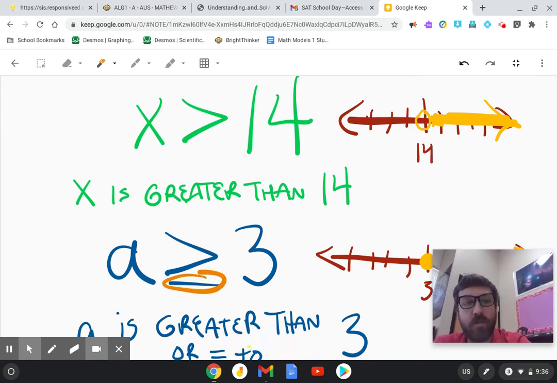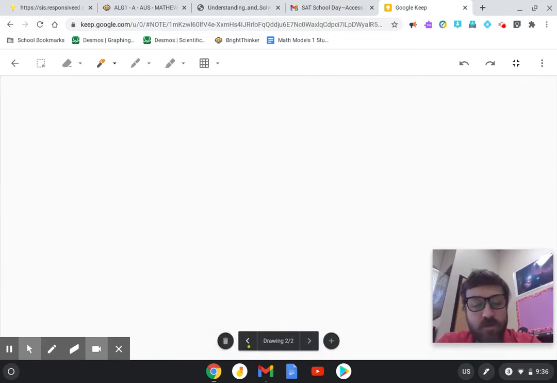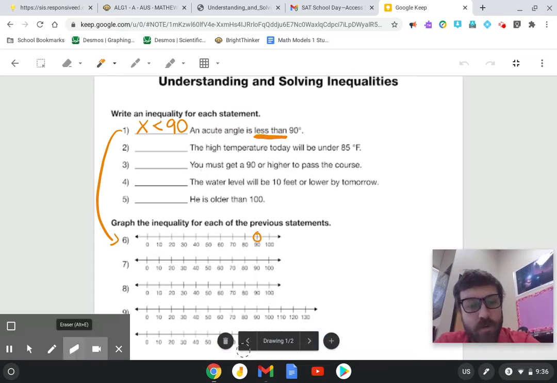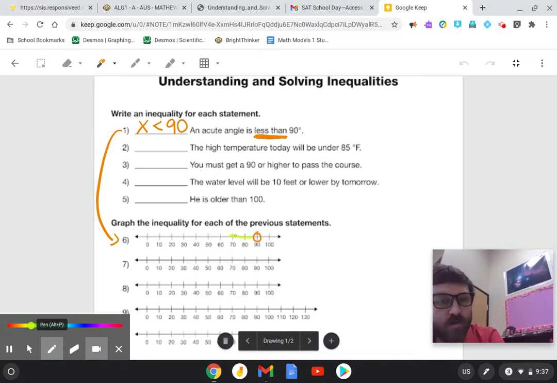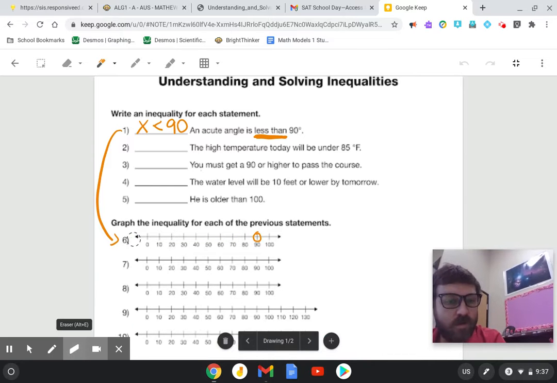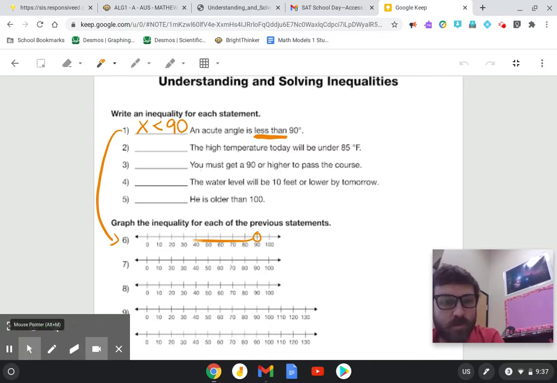When it does have the bar, it's a closed circle. Hop over here. And we see we have 90 and then less than. So we're going to shade this way on my number line. I'm actually going to erase that because there we go. Number line is going to go below 90.